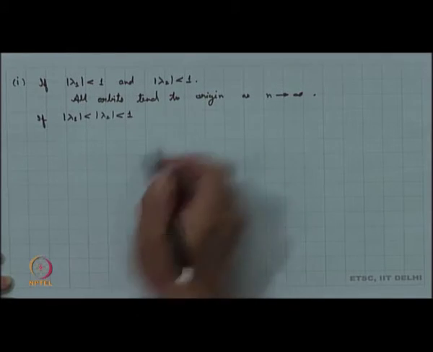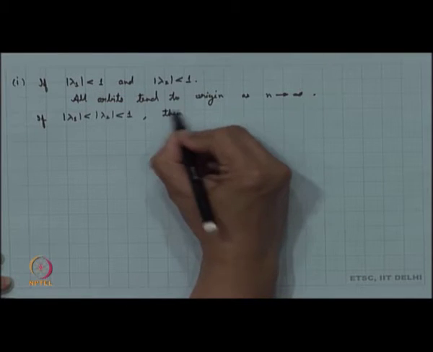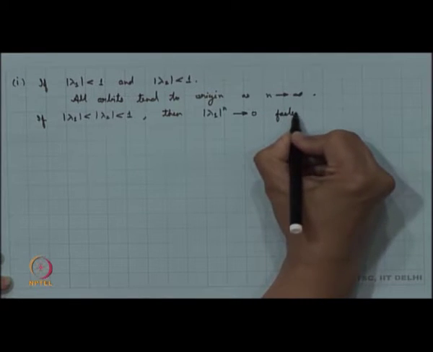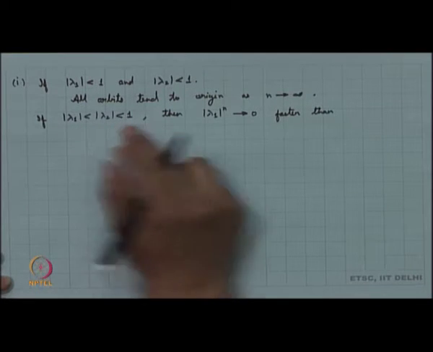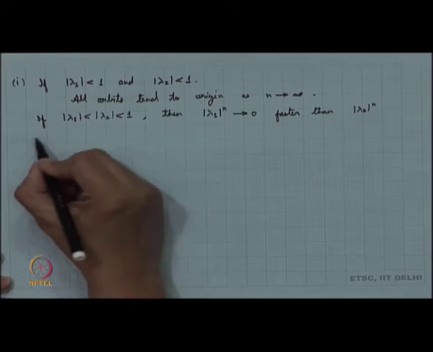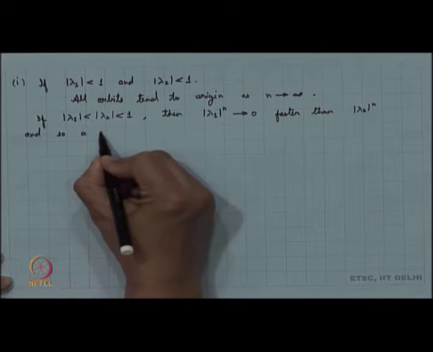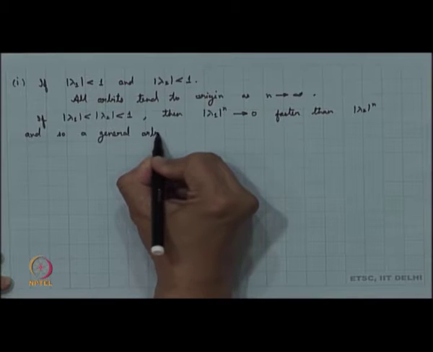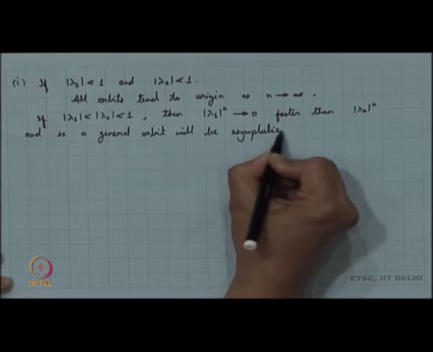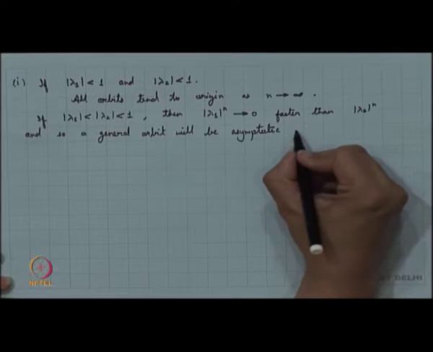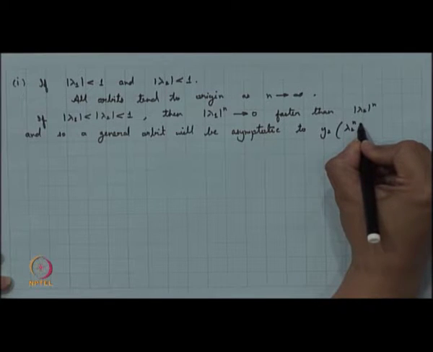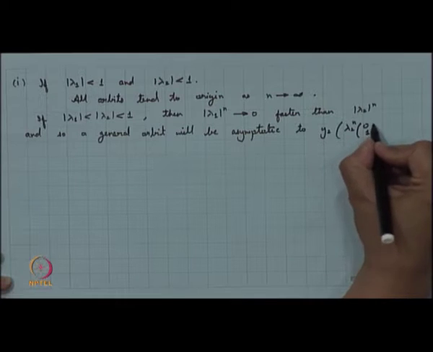Then mod of lambda 1 to the power n tends to 0 faster than mod of lambda 2 to the power n, and hence the general orbit will be asymptotic to y2, that is, lambda 2 to the power n times (0, 1).